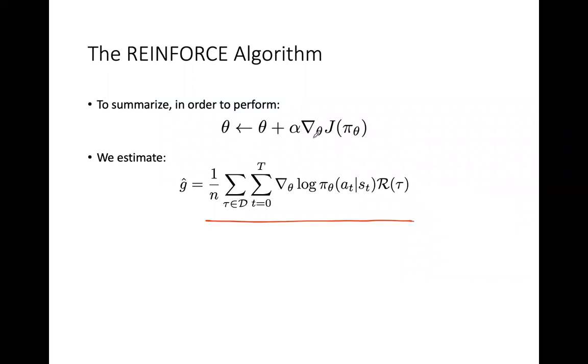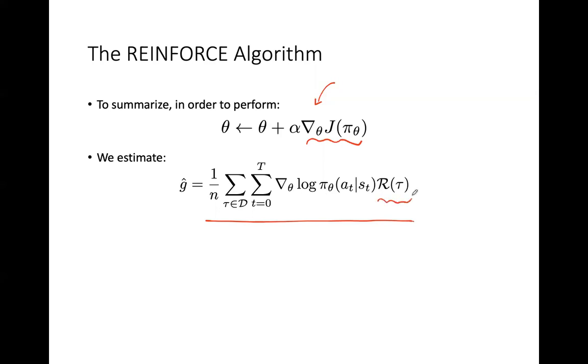So again, we want to perform gradient ascent. We don't know what this gradient is, but we can estimate it using this expression whose derivation I skipped. The important thing to take away, even though it's a little mysterious, is that the only things in here are things we can compute, right?